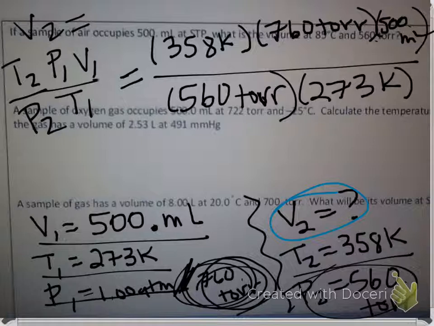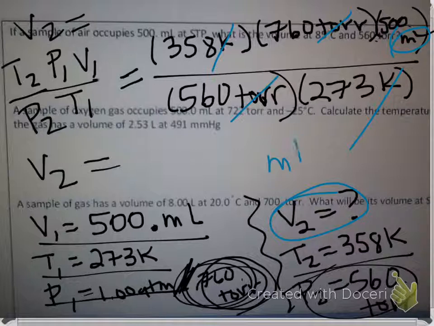Okay, so V2 equals. I'm going to cancel out my units, do my unit analysis here. So I've got Kelvin on top, Kelvin on bottom. Torr on top, torr on bottom. What's left? Milliliters. So my units are going to be milliliters for volume 2. Alright, so let's multiply.